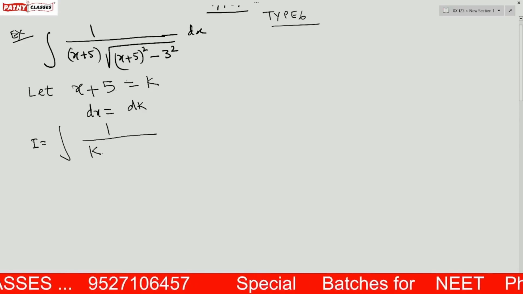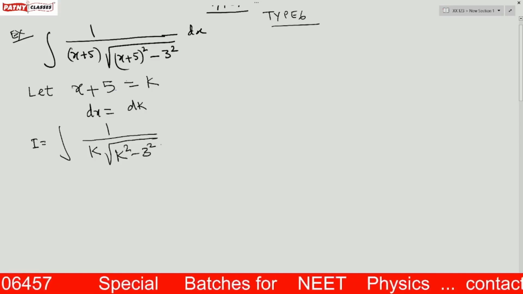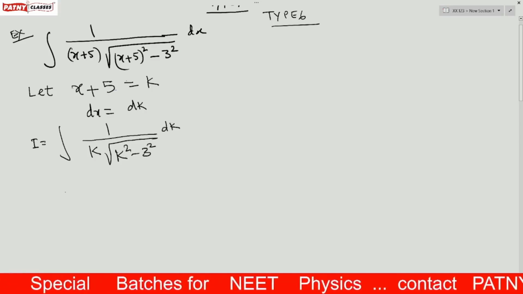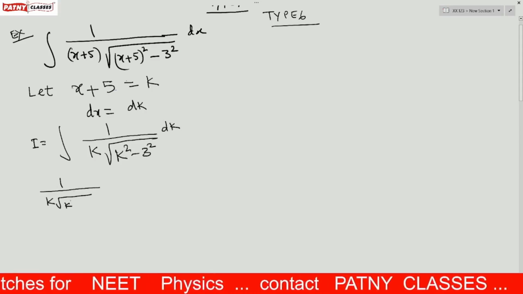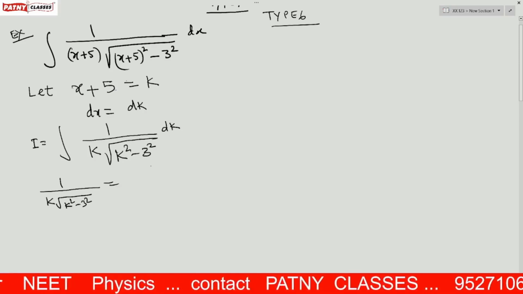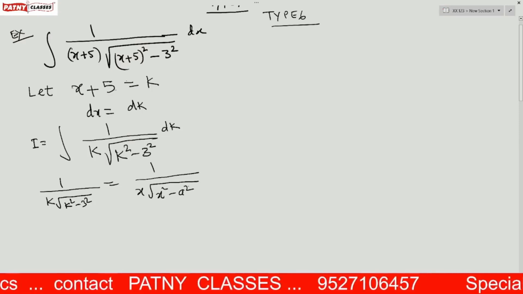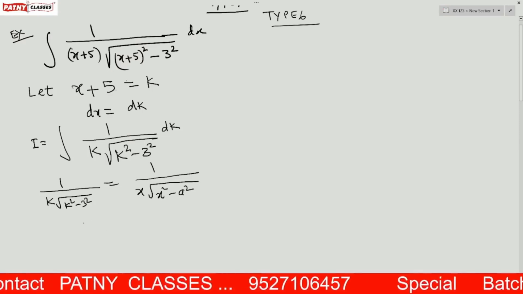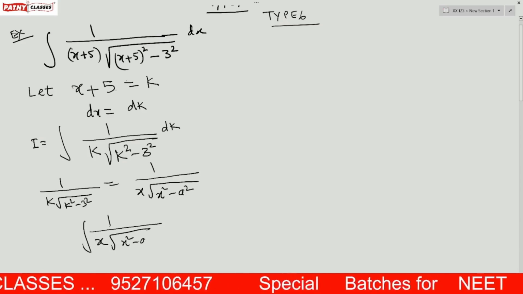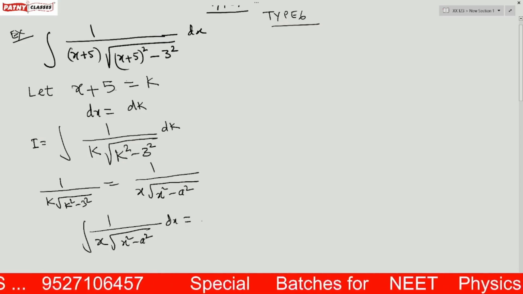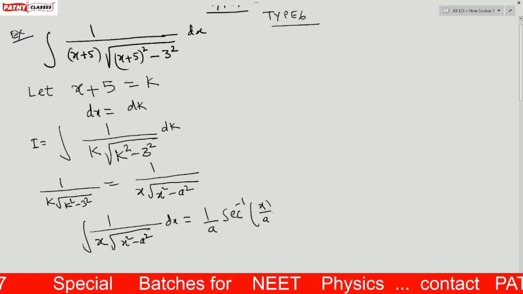In place of x plus 5, k will come: integration of 1 upon k under root of k square minus 3 square with respect to k. Comparing with 1 upon x under root of x square minus a square, we know that its integration with respect to x equals 1 upon a sec inverse of x upon a.